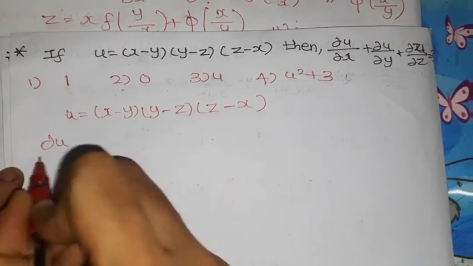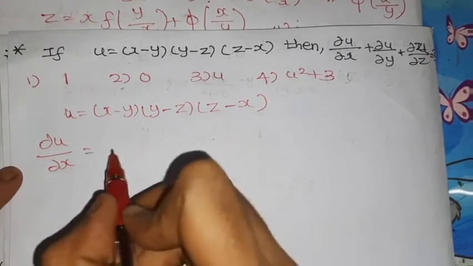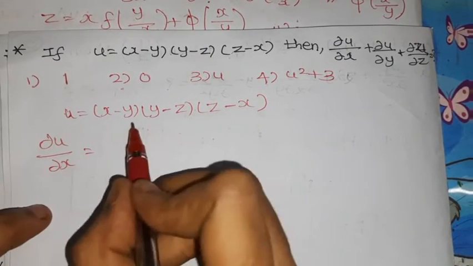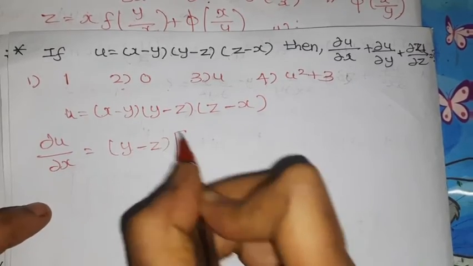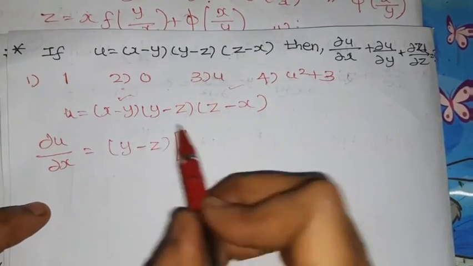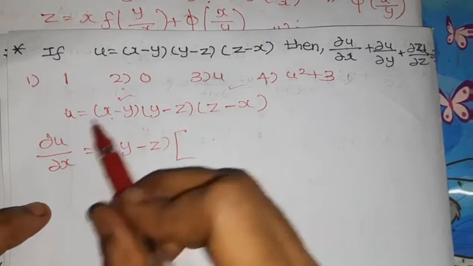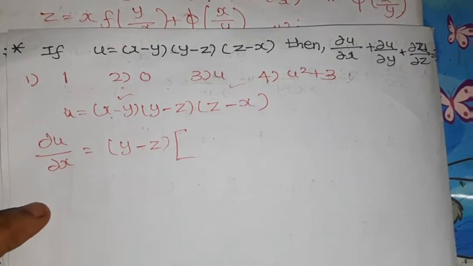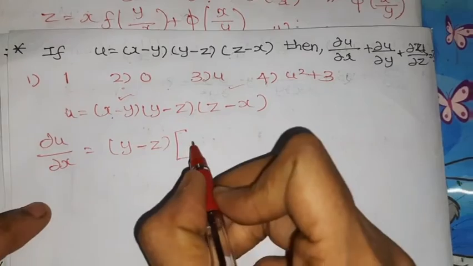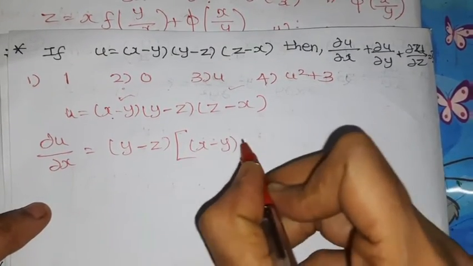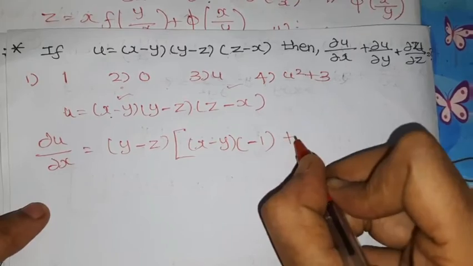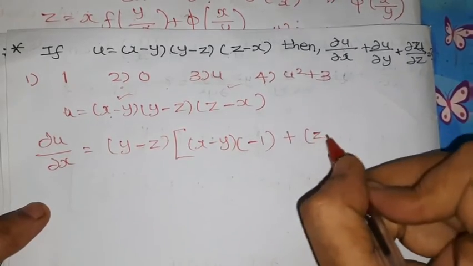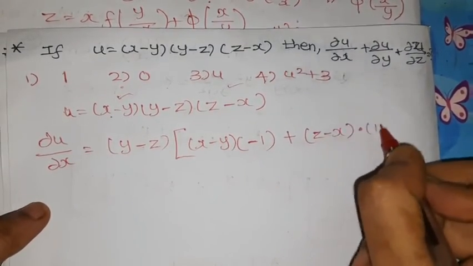Say ∂u/∂x. It is dependent on x alone, so the y minus z term is a constant. Then the first and third terms depend on x. Using the UV formula, d of UV is nothing but u dv plus v du. Keep x minus y, and when differentiating we get minus 1 alone, plus z minus x into plus 1.